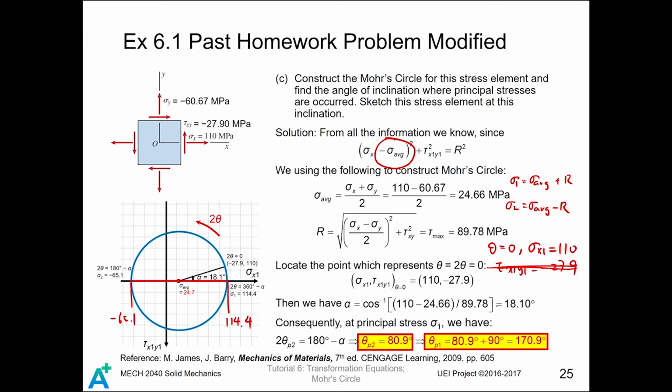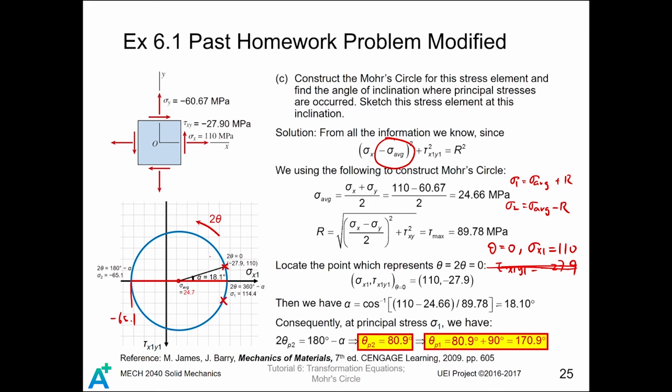By using our condition, sigma x equals 110 MPa, we can locate the point here. However, you may wonder, for sigma x1 equals 110 MPa, there is another possible point lying here.